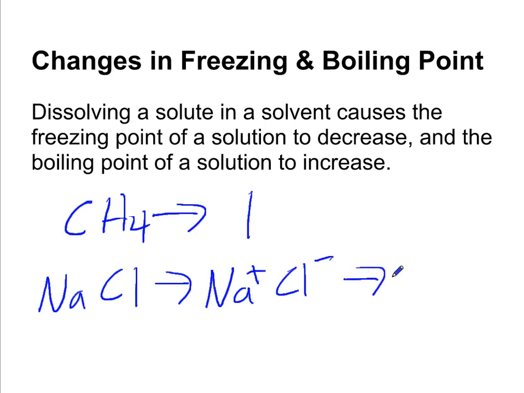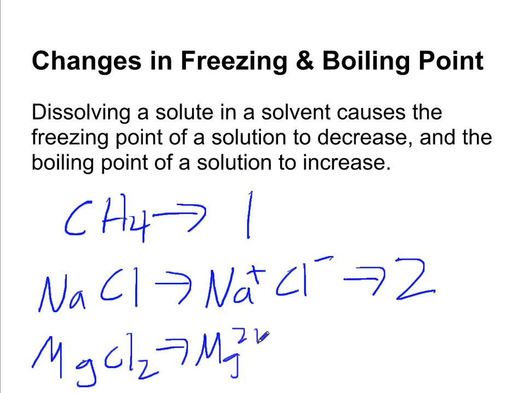So that would give sodium chloride a van 't Hoff factor of 2. So i is describing the total number of ions that something will dissociate into. Magnesium chloride, MgCl2, is going to dissociate into 1 magnesium ion and 2 chloride ions. So that's 3 ions total, and magnesium chloride would have a van 't Hoff factor of 3.